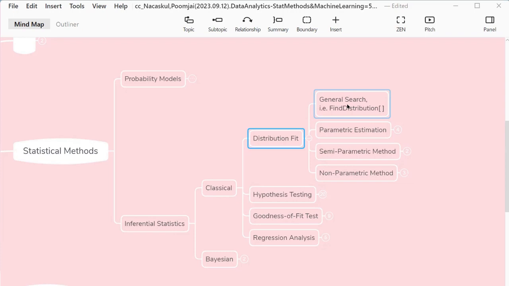And there's parametric estimation. Parametric estimation is like, I've decided that it's either going to be student T or logistic based on certain criteria. What are the parameters? So you choose the function, now get the parameter.